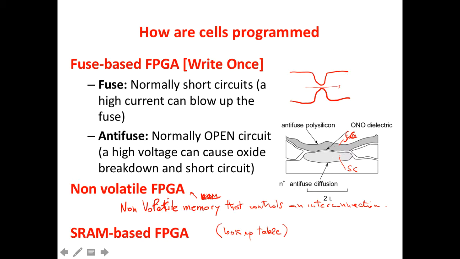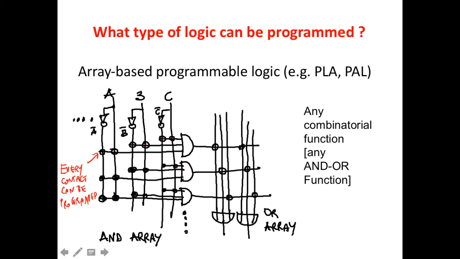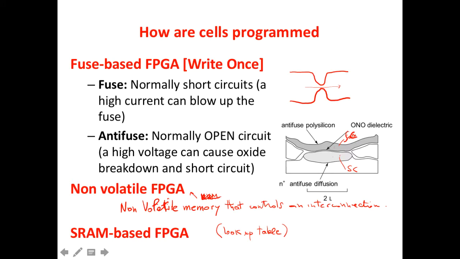So at the beginning, they are completely insulated, so there's no conduction between the two regions. And then during the program phase, you can apply a high voltage between this line and the other line.